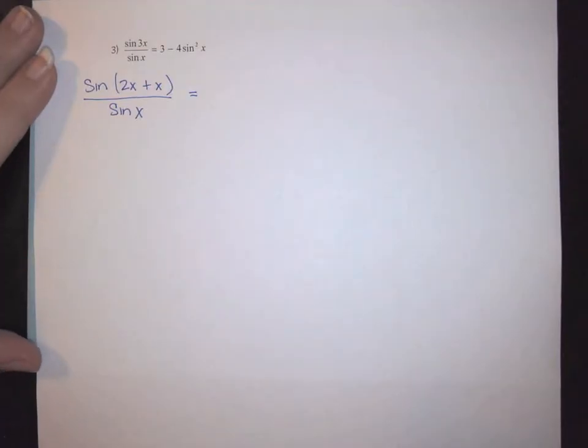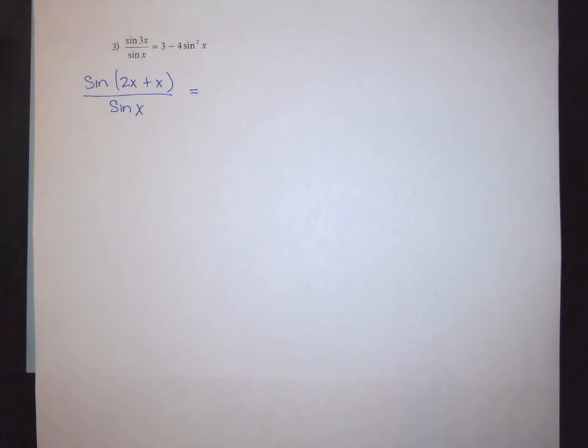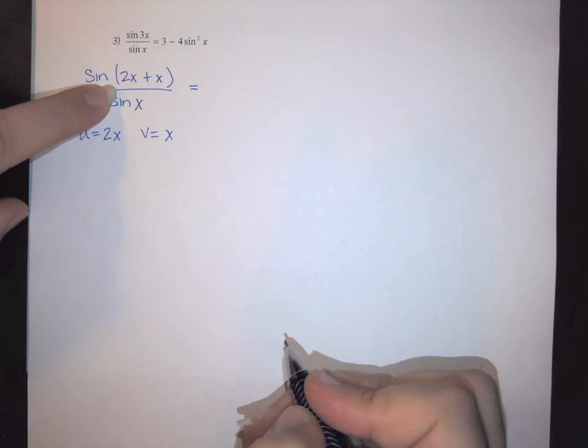So the first thing I'm going to do is split it. So this is going to be the sine of 2x plus x, and this whole thing is still over the sine of x, and I'm hoping that equals what I want. Now with this, again, I have identified that my u term is 2x and my v was x, and this again is a sum.